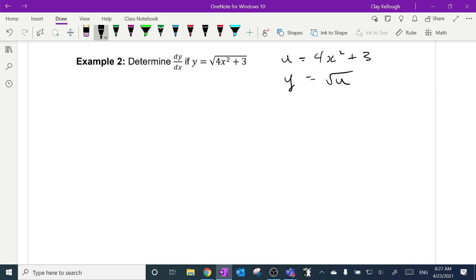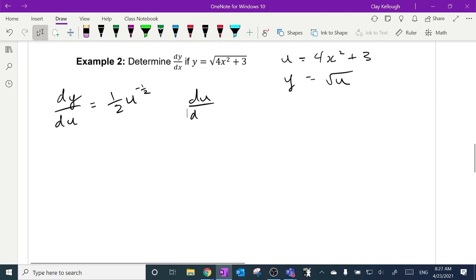So that means that dy by du is 1/2 u to the negative 1/2, and du by dx, the derivative of u with respect to x, is 2 times 4 is 8, 8x, and remember the derivative of a constant is nothing.